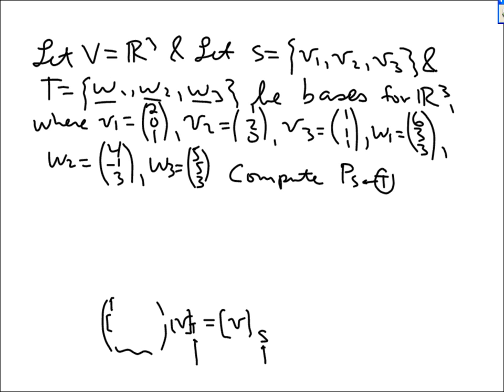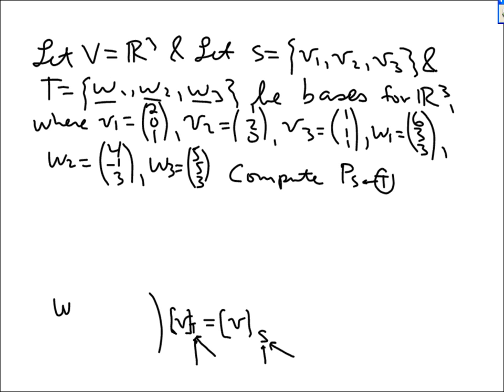So this column is going to be W1 in brackets sub S. I'm clearly going to need more space. We want to take every vector in the basis T and write the coordinate vectors with respect to S.